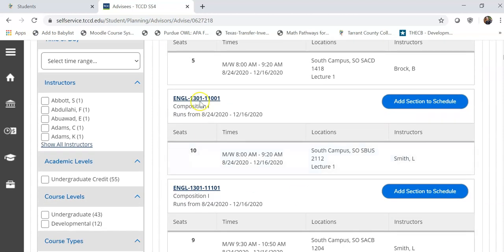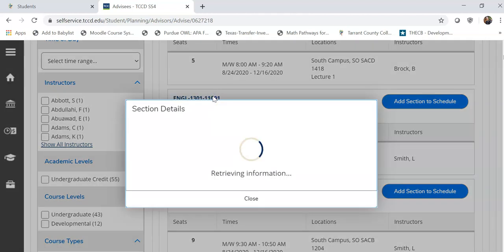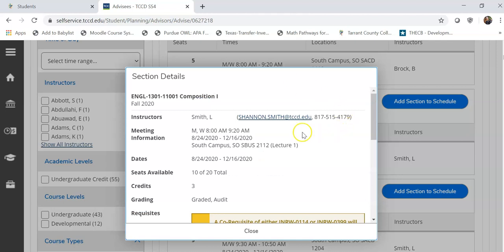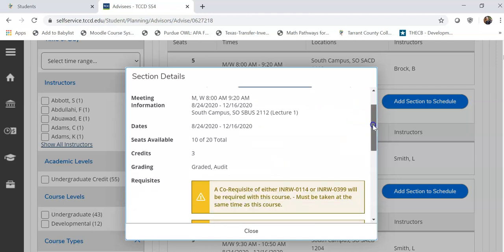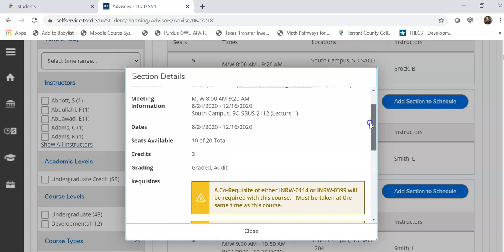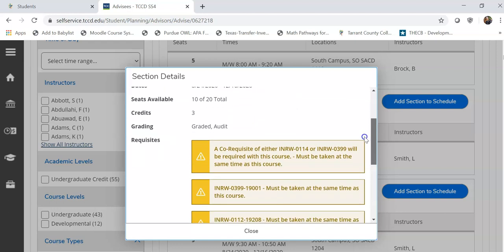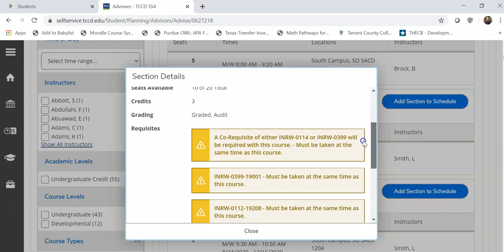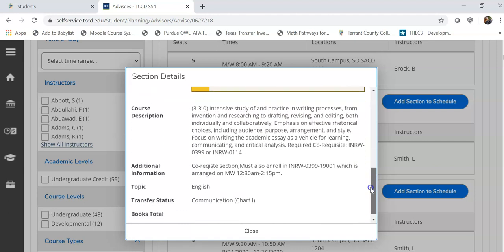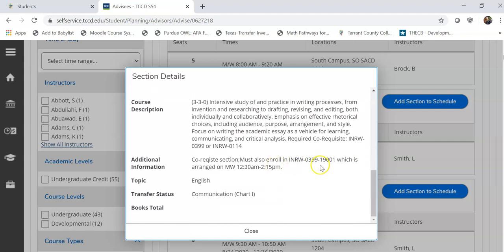Okay, so that class that I wrote down that matched up with it was ENGL 11001. So let's look at that information right there. That is with Professor Smith. And I remember it was Monday, Wednesday, 8 a.m. to 9:20. She has 10 out of her 20 seats available. And then there's our matching course.